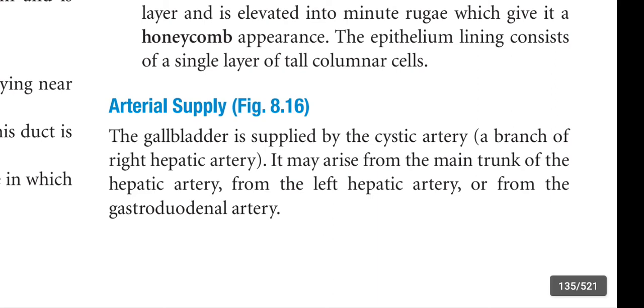It may arise from the main trunk of the hepatic artery, from the left hepatic artery, or from the gastroduodenal artery. But you may note that it mainly arises from the right hepatic artery. In some cases it may arise either from the main trunk of the hepatic artery, or from the left, or from the gastroduodenal artery.